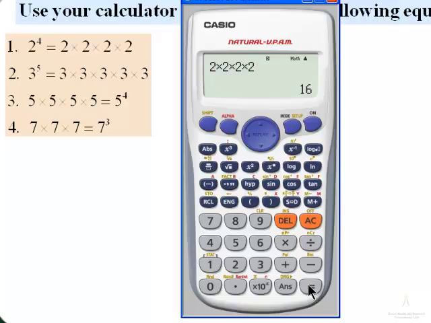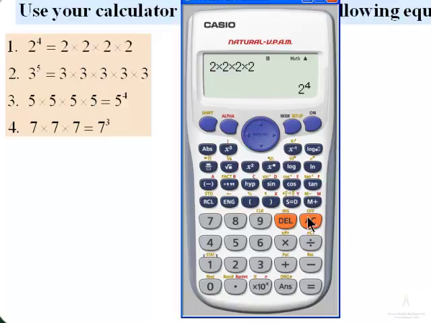What we are interested in at this stage is that if we take this number 16 and write it in terms of its prime base, so I use the prime factorization, then clearly from this calculator response we can see that if we multiply the number 2 4 times by itself, it is equal to 2 to the power 4.